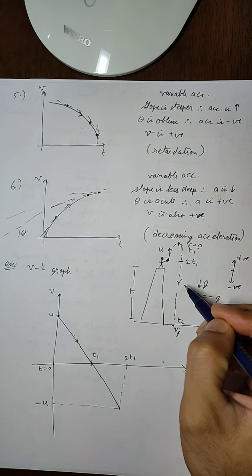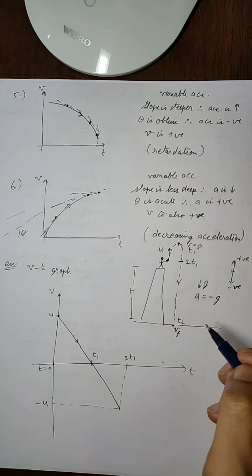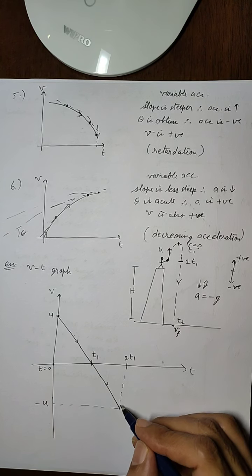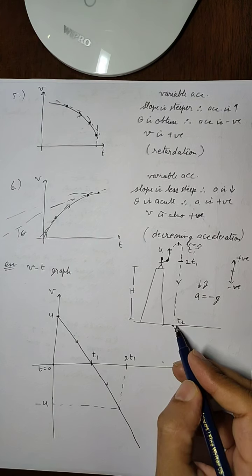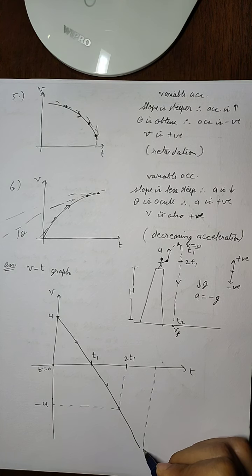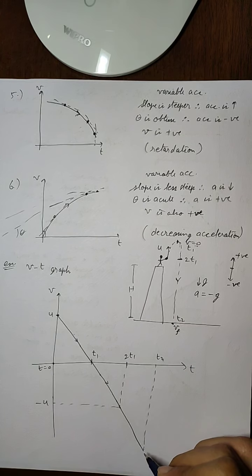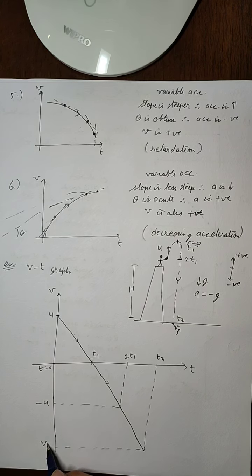Now after that the direction of velocity is the same, it is in negative direction. So the velocity will keep on increasing in negative direction in the same way. So this line will continue as a straight line till it reaches here, let us say at t2, when it hits the ground, and the value with which it hits the ground will be our vf that we took here, the final velocity just before hitting the ground.